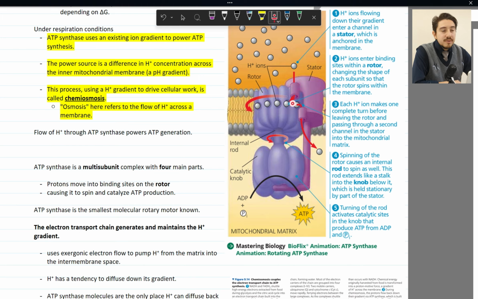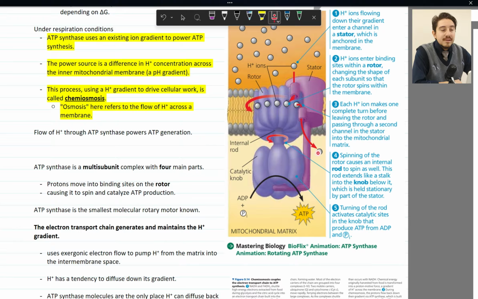When they reach back to their original place, they exit through another little channel here and are released into the mitochondrial matrix side of the mitochondria.